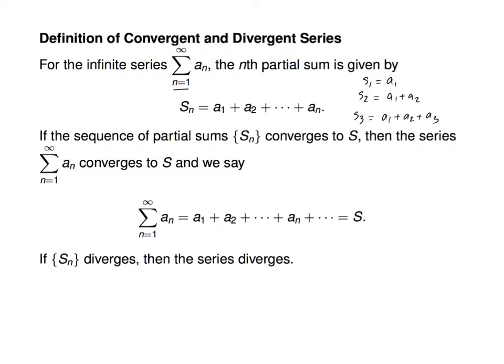And then those S's make a list, which is a sequence. So you take your series, turn it into a sequence. And if this sequence of partial sums converges to some number S, then that infinite sum goes to that number S. What you should think about in this S_n, n is the number of terms you have added.